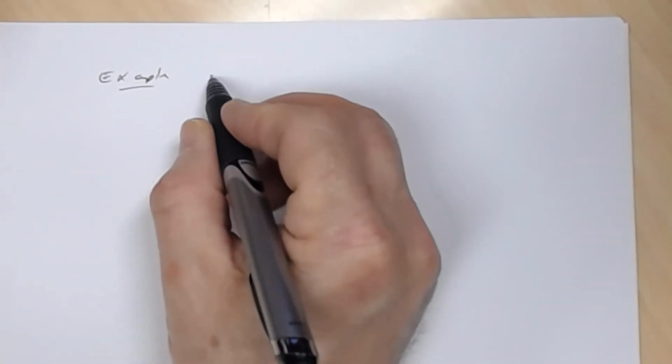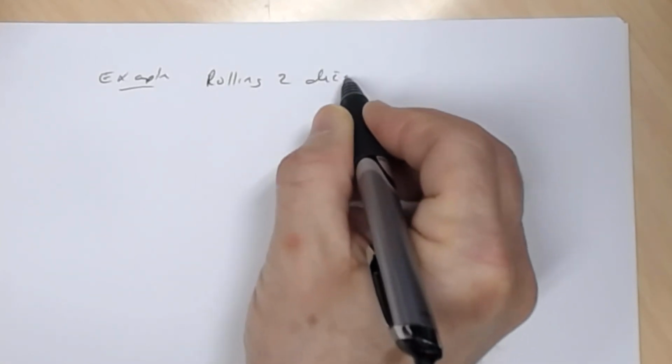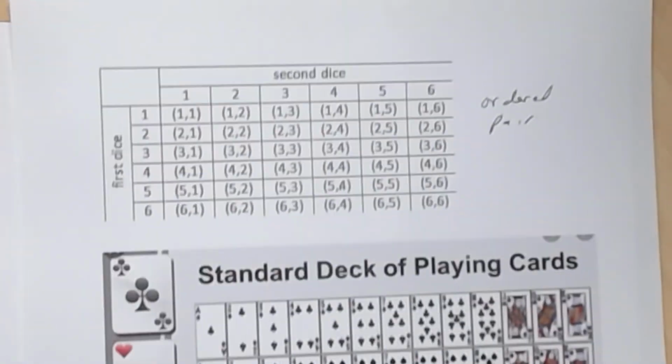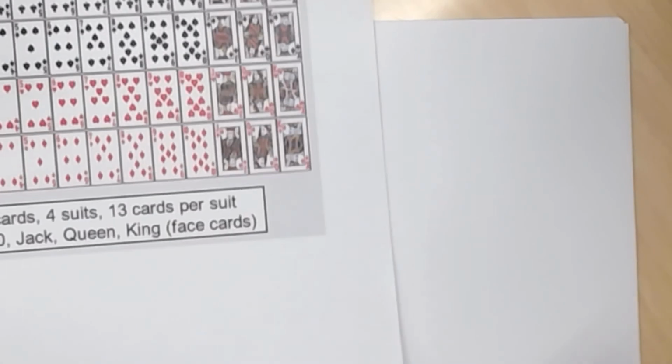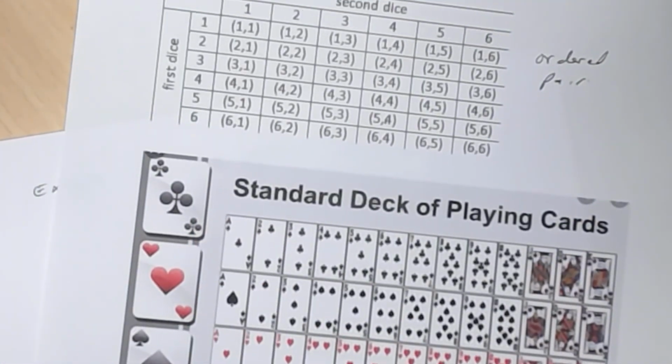Okay, so in this example, let's see real quick. All right, so what's the probability of getting, remember, this is the one with rolling 2 dice. And then remember your sample space. This handout is in Canvas, so if you need to look at it, go ahead and print it out from Canvas.